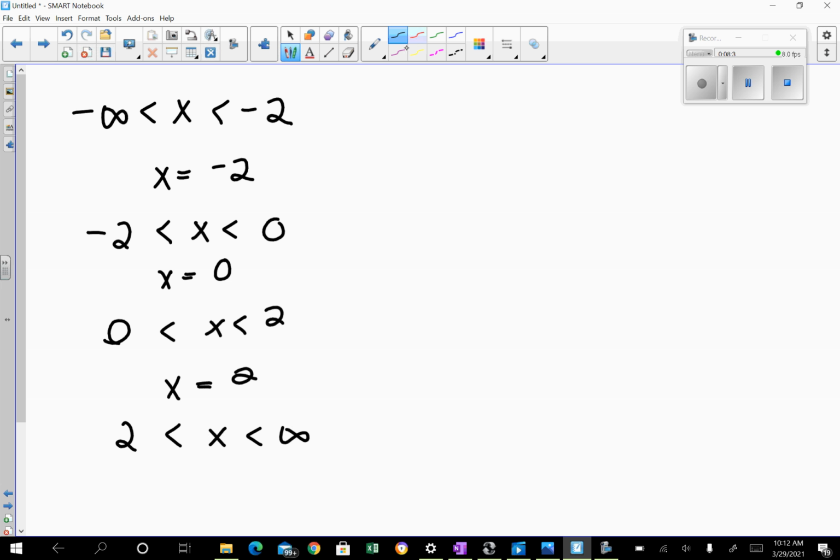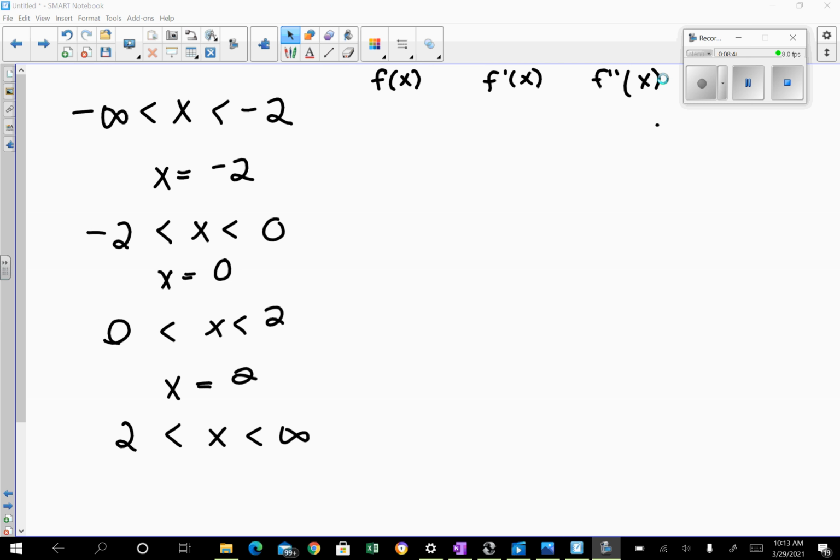And for each of them, we're going to look at the function, the first derivative, and the second derivative. And then we're going to draw a conclusion based on that.